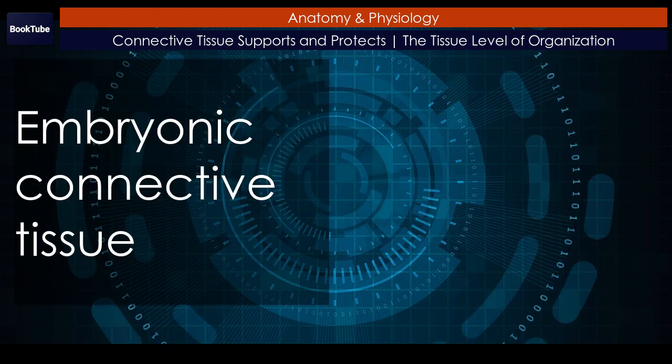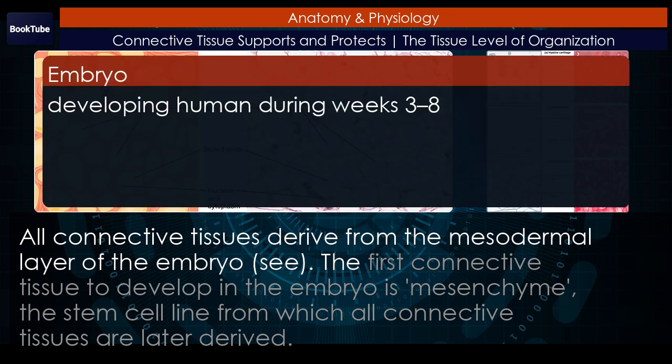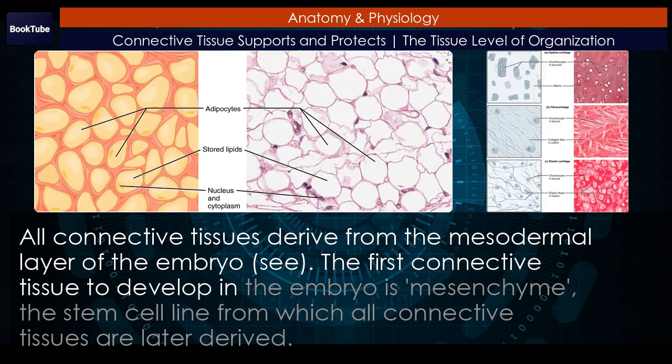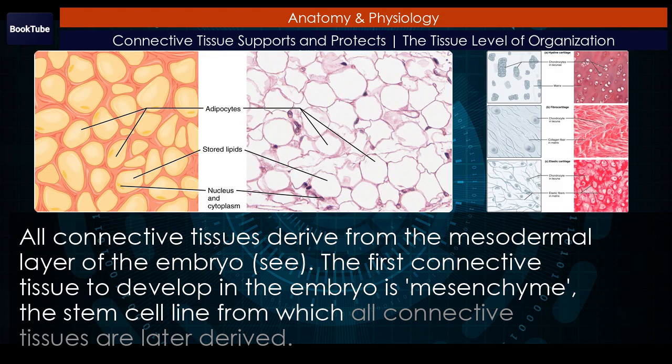Embryonic connective tissue. All connective tissues derive from the mesodermal layer of the embryo. The first connective tissue to develop in the embryo is mesenchyme, the stem cell line from which all connective tissues are later derived.